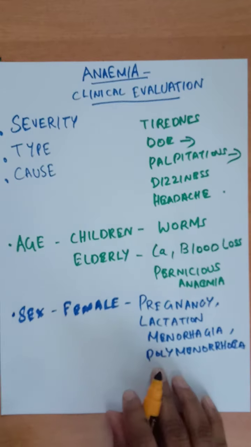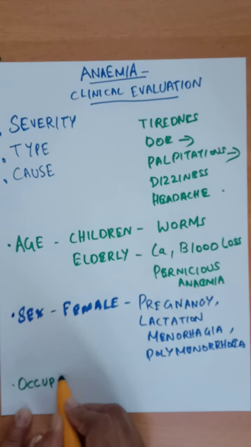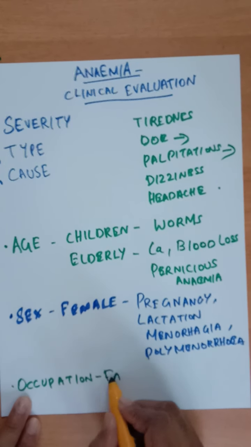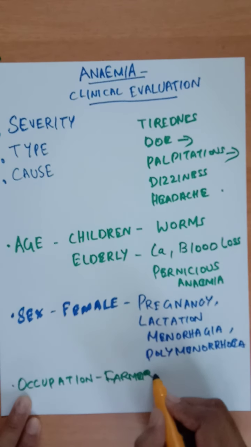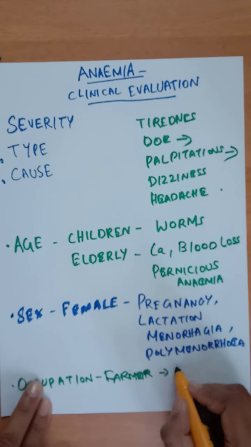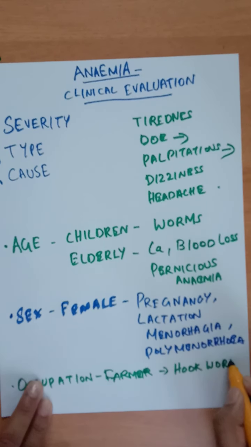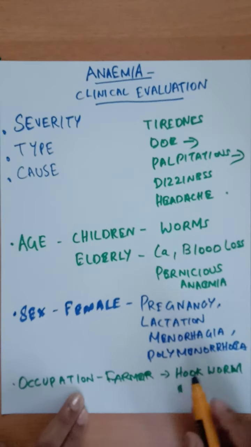And then occupation. If it is a farmer or field worker, then hookworm infestation is a possibility. Then we have to suspect iron deficiency anemia.